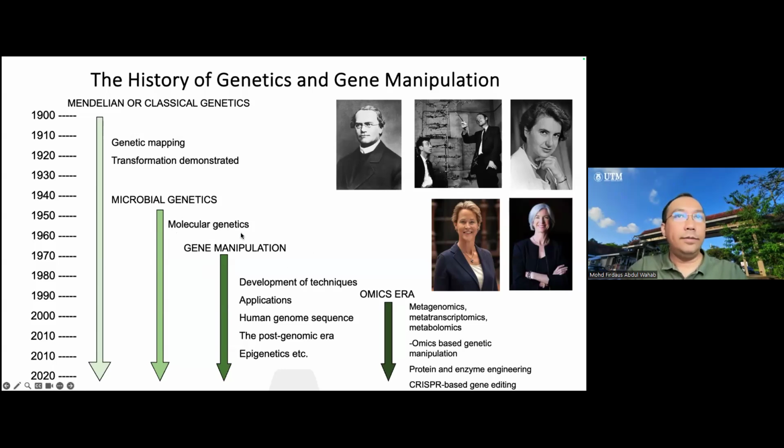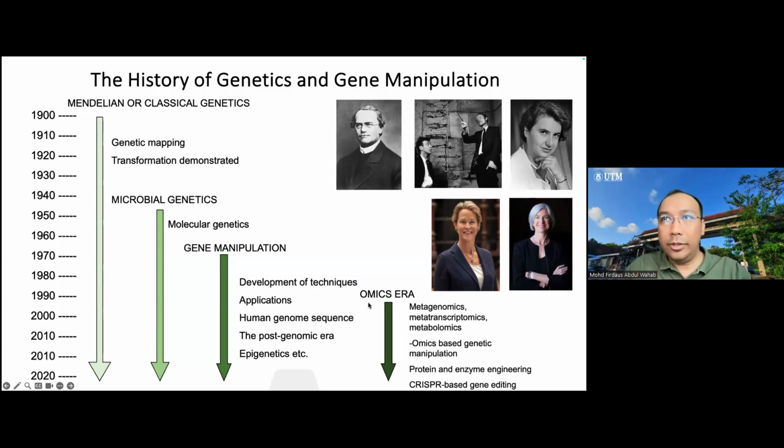We also have the gene manipulation era, where many techniques were developed starting from the 1960s to the 70s with many different applications. Then the human genome was sequenced, and came the post-genomic era, and also the discovery of epigenetics, which is the study of heritable changes in gene expression that are not caused by the DNA sequence, but by other components associated with the DNA molecule.